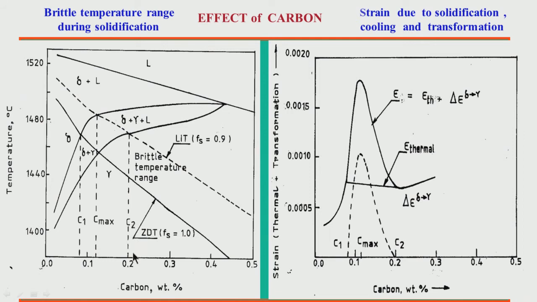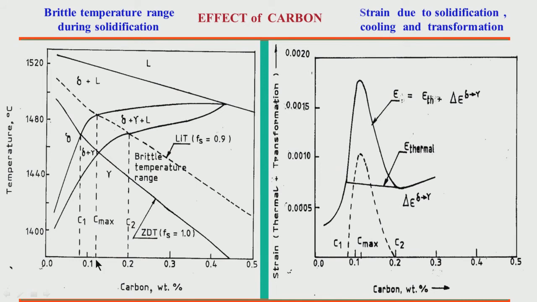Above C2, that means around say 0.2, delta to gamma is complete above this brittle temperature range. At Cmax, this is the delta to gamma transformation range, and it is taking place entirely in the brittle temperature region.